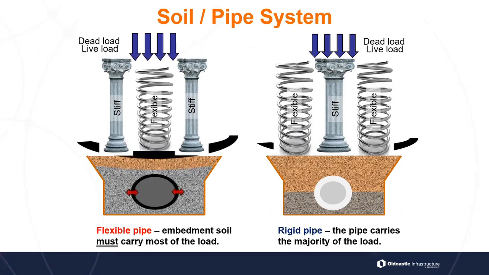As we load it, the pipe itself wants to deflect outward. So it's very critical that we have stiff columns installed on the side of that pipe. You can see that gray area around it is the pipe zone, and we're creating that stiff column on the side of the pipe to keep it from wanting to bend or deflect outward.